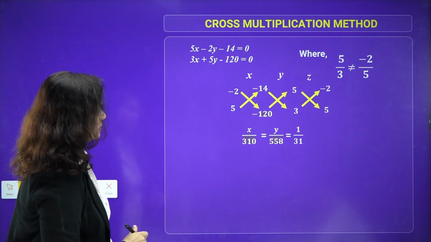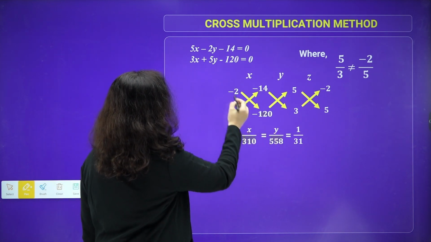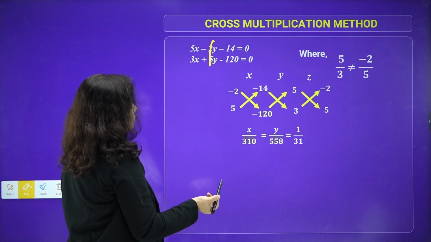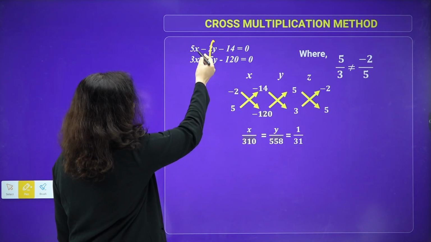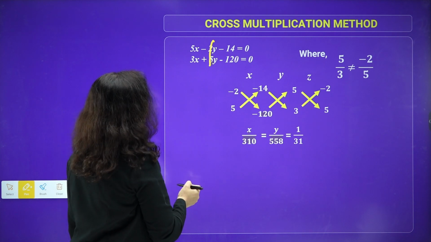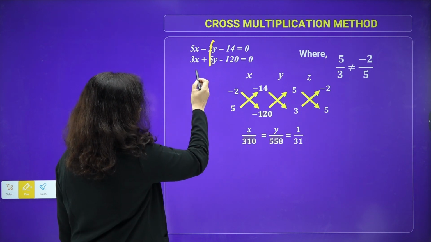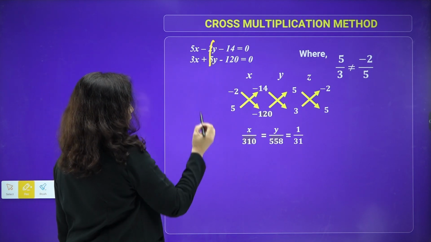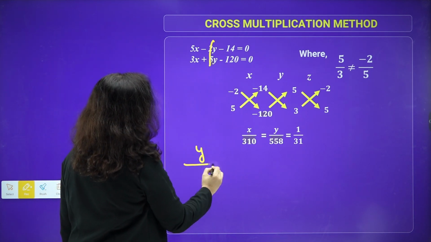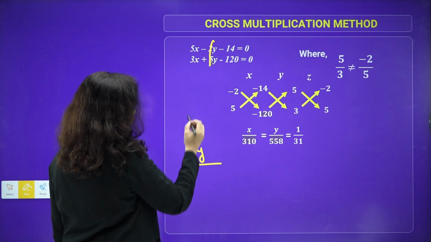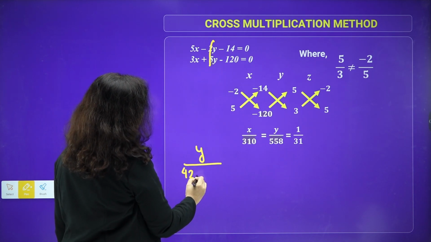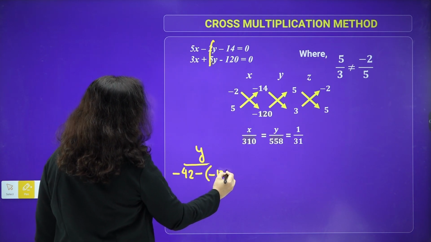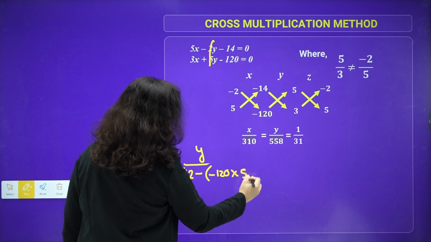Similarly, if I see, how did we get y? Ignoring the coefficient of y in the same way as we multiplied, 5 into 100 from top to bottom, so 14 into 3, y upon 14 into 3 will give you 42 minus 120 into 5.